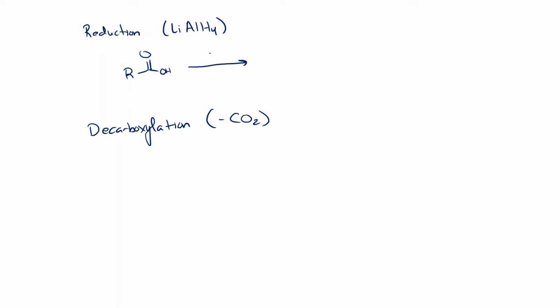All right, so if you have a carboxylic acid and you treat it with lithium aluminum hydride, you are going to reduce the carboxylic acid. We're going to add H minus. Remember that lithium aluminum hydride is just a source of H minus. H minus is going to add in here. And you're going to get something like this. And now, in previous examples, we've just kind of stopped here.